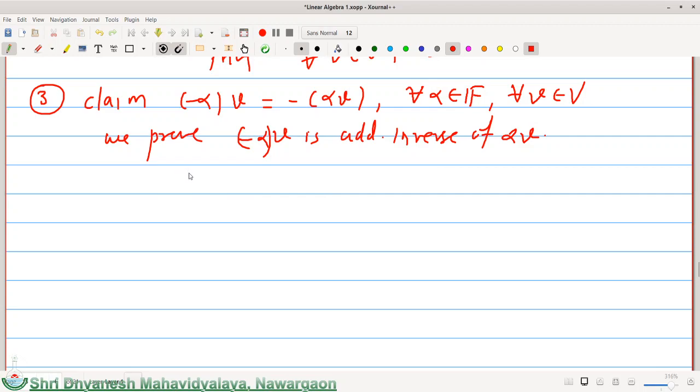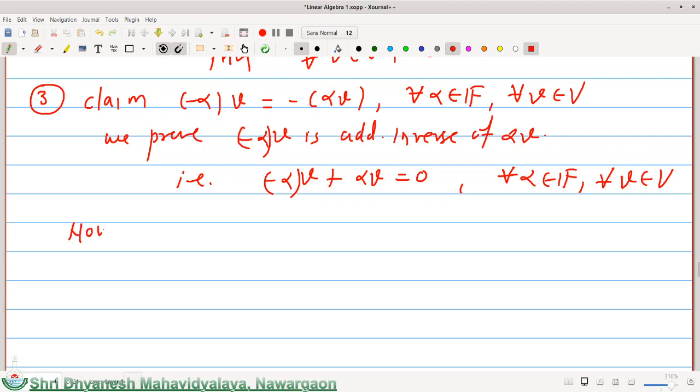Okay, that is minus alpha into v plus alpha into v is equal to 0 for all alpha belongs to F and for all v belongs to V. Clear?